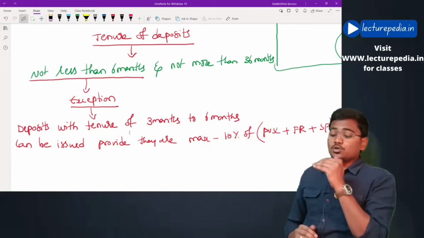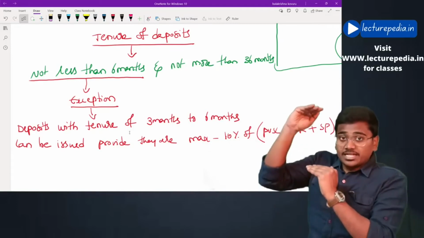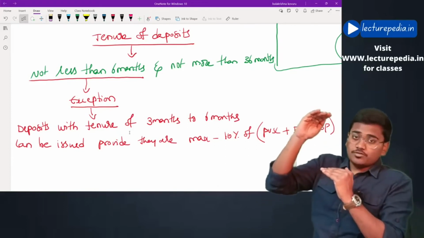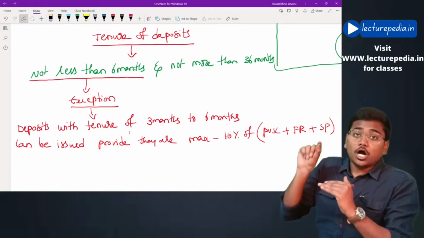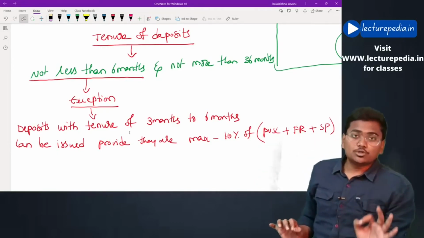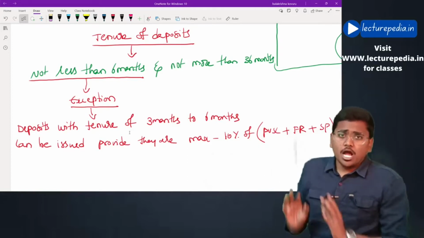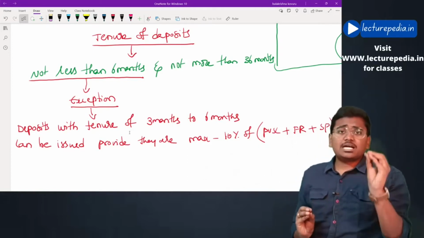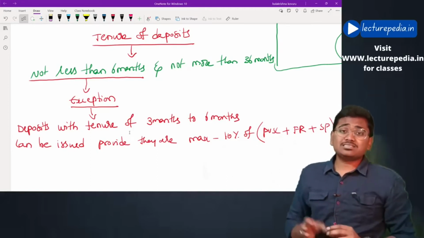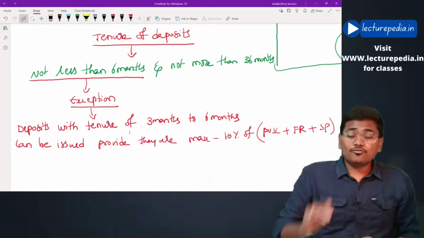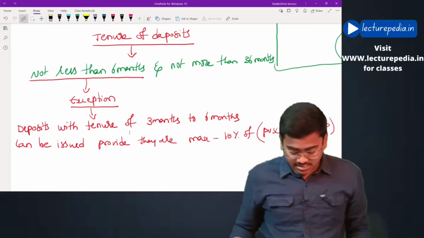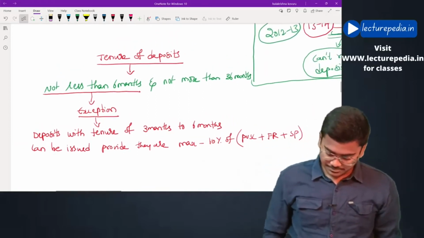But for a tenure from 3 months to 6 months it can give, subject to the condition that these deposits are a maximum of up to 10% of the paid up share capital, securities premium and free reserves. That much amount of deposits can be given with a tenure of 3 months to 6 months. Hope this is clear. This is related to tenure of deposits.